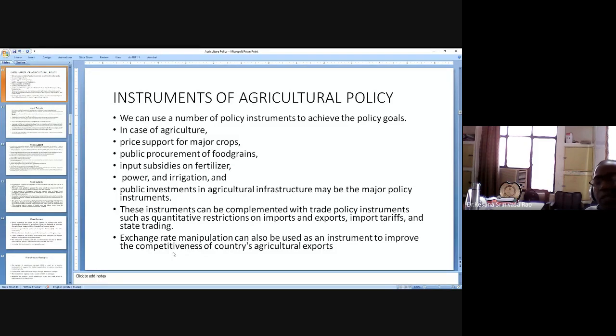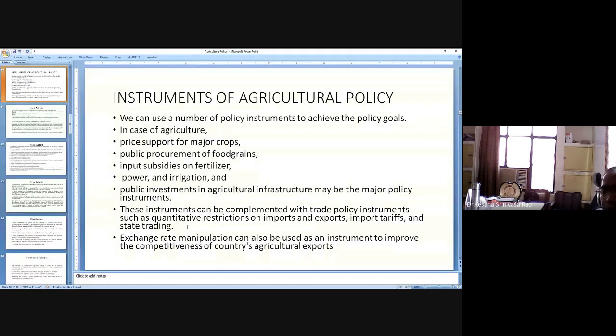So what are the advantages and disadvantages of the exchange rate? In developing countries' point of view, where we can export or from where we can import, if those things can be perfectly calculated by the government, and it tries to see how this exchange rate manipulation can be successful in achieving good results, that also can be a part of the agriculture policy. That is also one of the major instruments from the agriculture point of view.